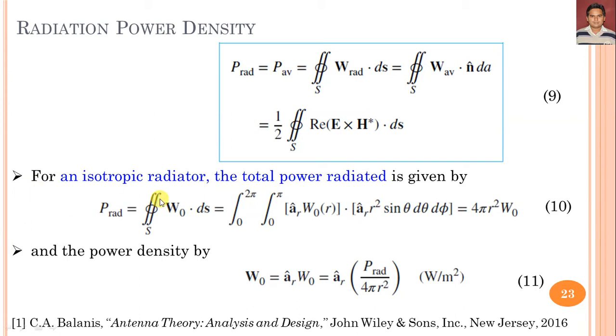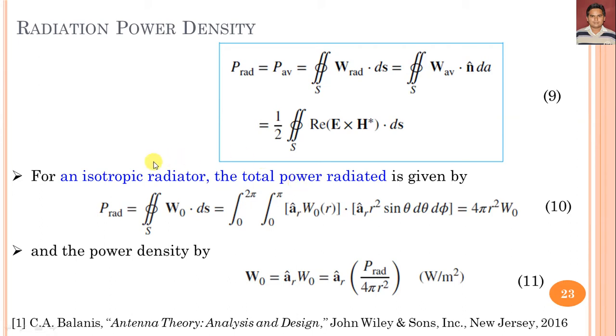So for an isotropic radiator, the total power radiated can be calculated. We put W average equal to W naught into ds, which is equal to W naught a_r, because the isotropic radiator radiates equally in all directions. In that case it radiates along the r vector only, and the theta and phi components do not occur.